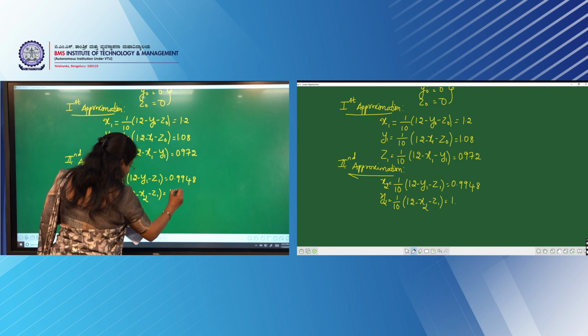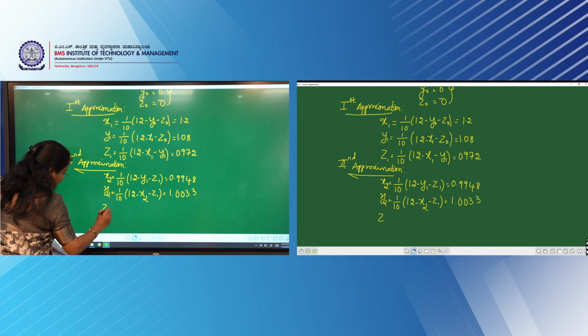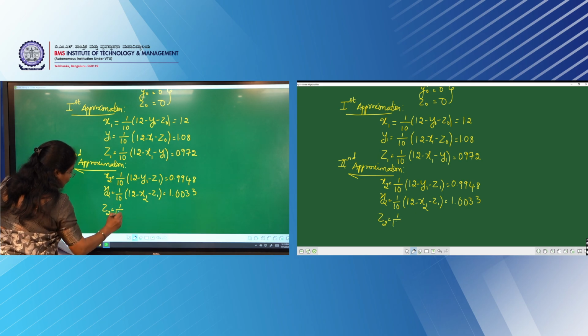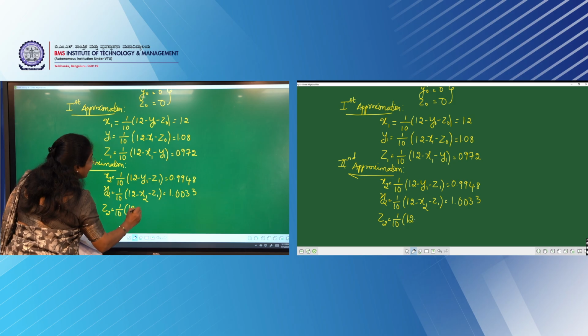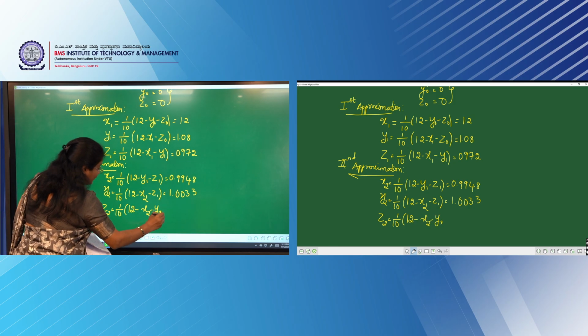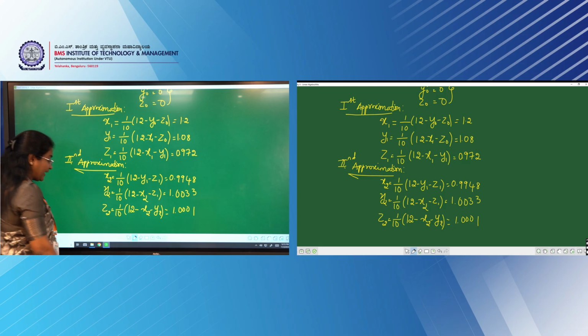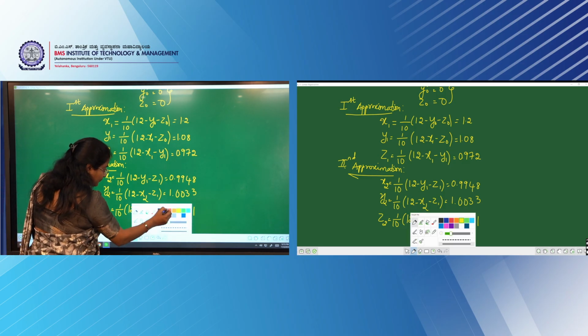So 1.0033. z2: 1 by 10, 12 minus x2 minus y2. So 1.0001.